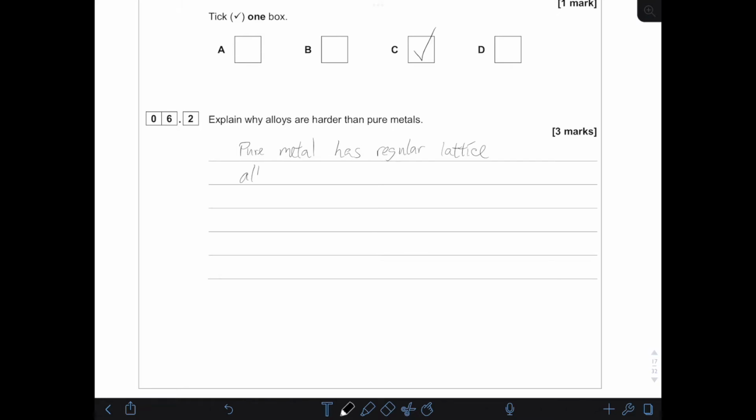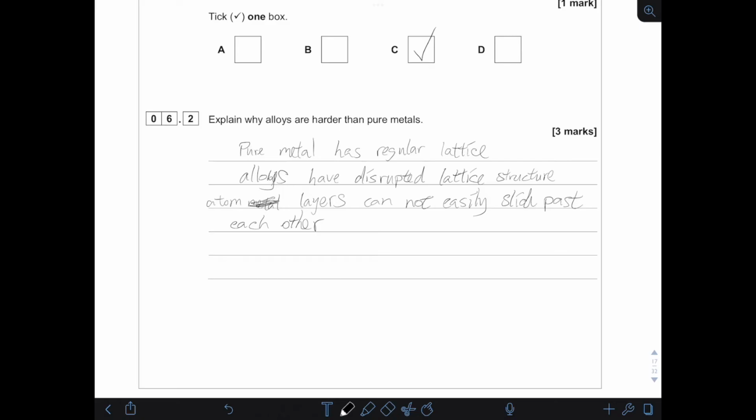And alloys have a disrupted lattice structure, and therefore the metal layers, or atom layers, cannot easily slide past each other, right?